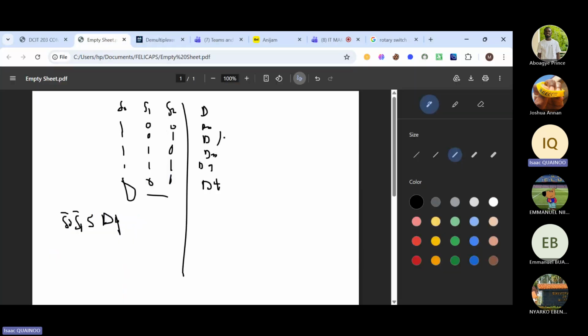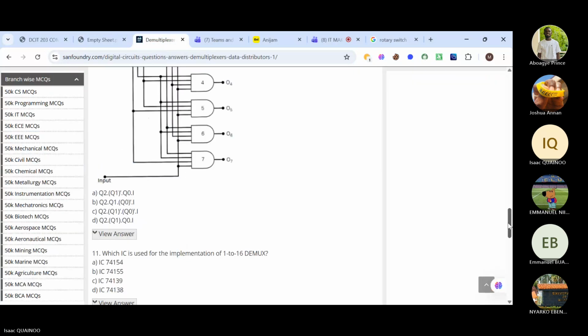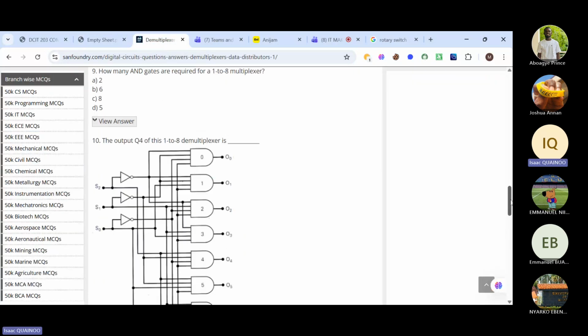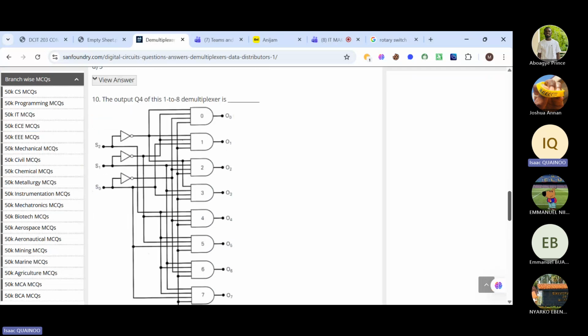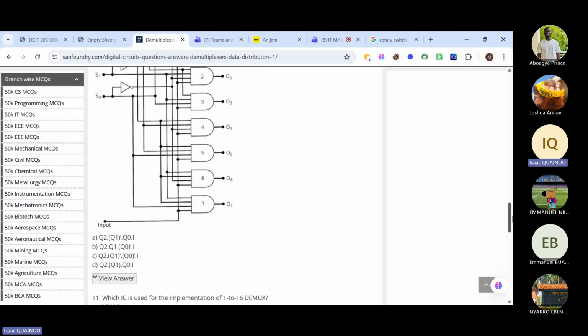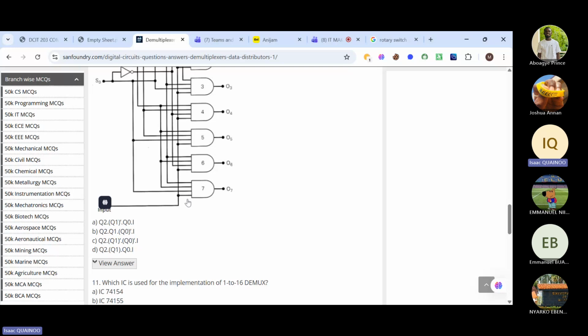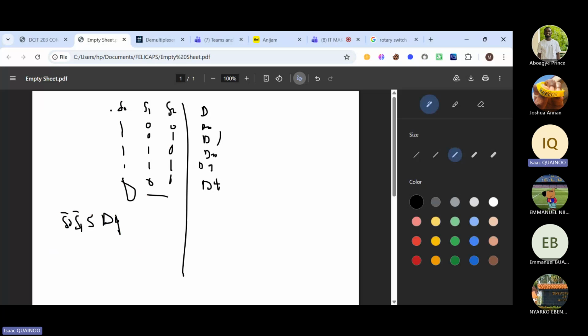So you see, the question said, forget the diagram, the output Q4 of a 1 to 8 demultiplexer is, and they gave 4 expressions. You are looking for Q4, so you draw your truth table.